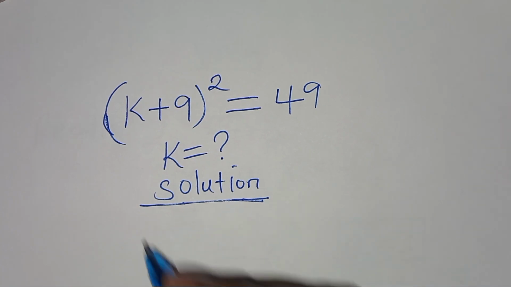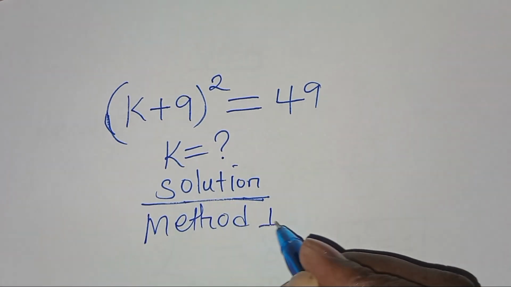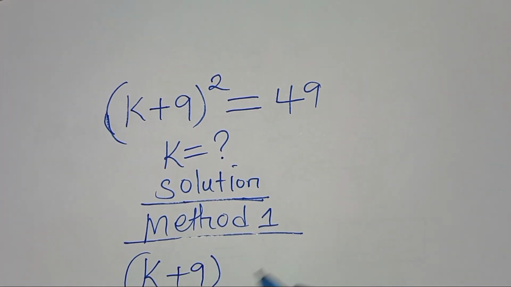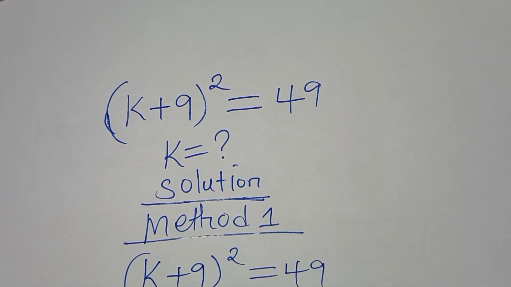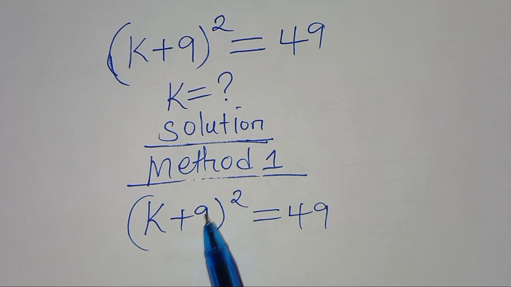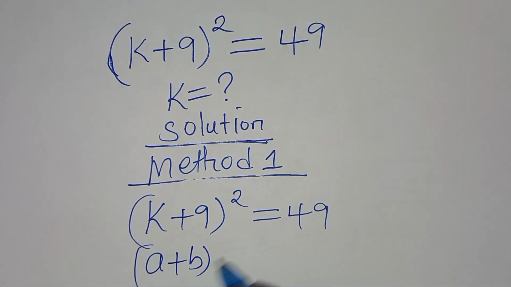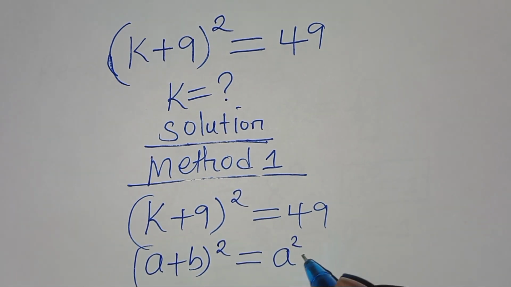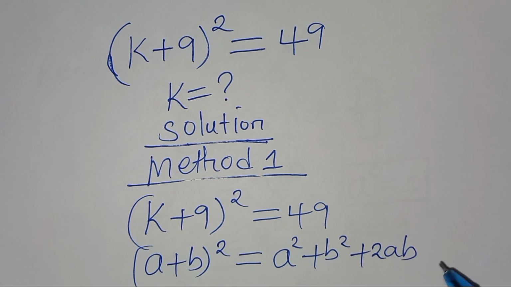Now from here, let's apply method 1. We have (k + 9)^2 = 49. Now you find that (k + 9)^2 is in the form of (a + b)^2, which we can express as a^2 + b^2 + 2ab.